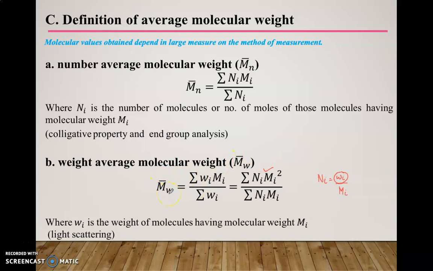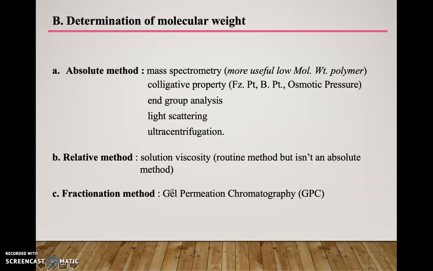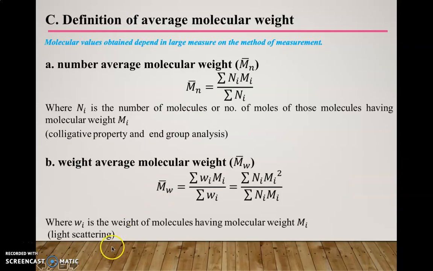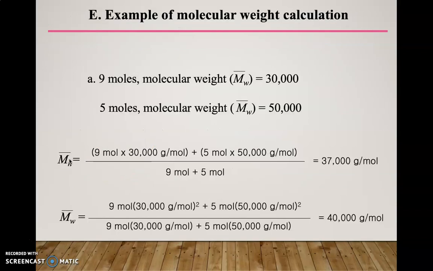Okay. So if we use the light scattering experiment, the average molecular weight that we calculate is usually the weight average molecular weight. Now here is an example that is given here.